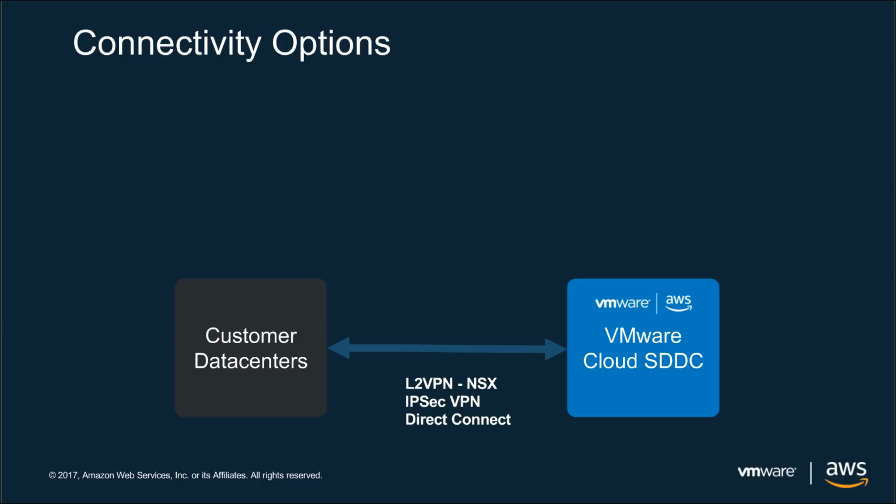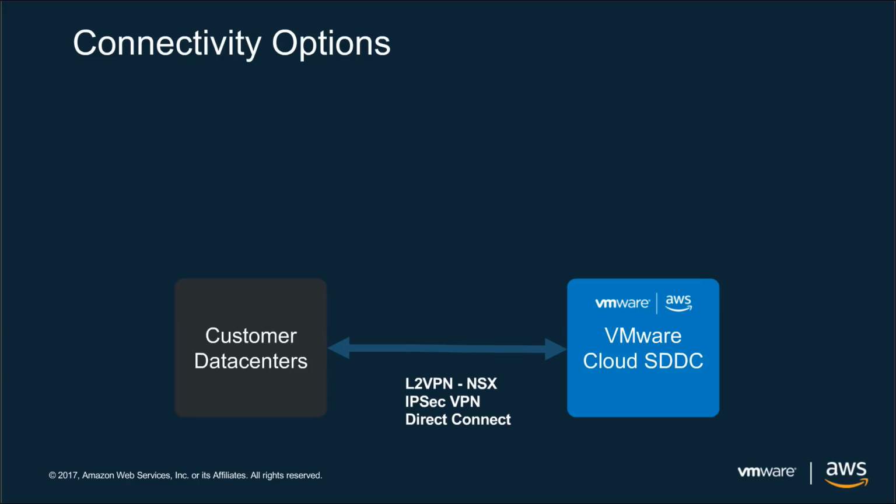So this is a layer 2 VPN using a bespoke NSX edge on-prem, so you do not have to run full NSX in your on-prem environment. You can leverage essentially a virtual appliance which gives you the L2 VPN capability, and then you can stretch layer 2 connectivity across that.